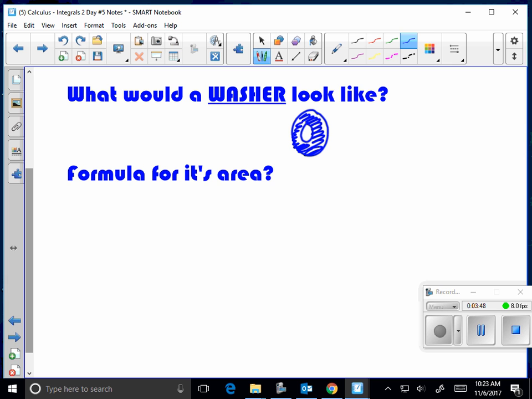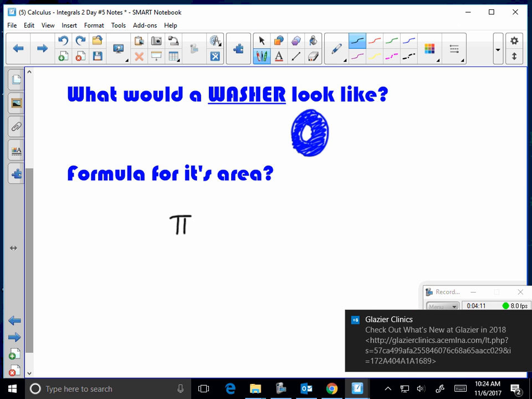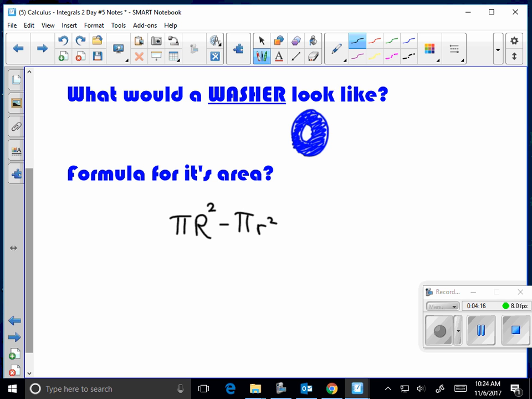No, cookies tomorrow. Okay, let's not debate disk versus washer. What would the formula for its area be? Pi r squared minus pi r squared.